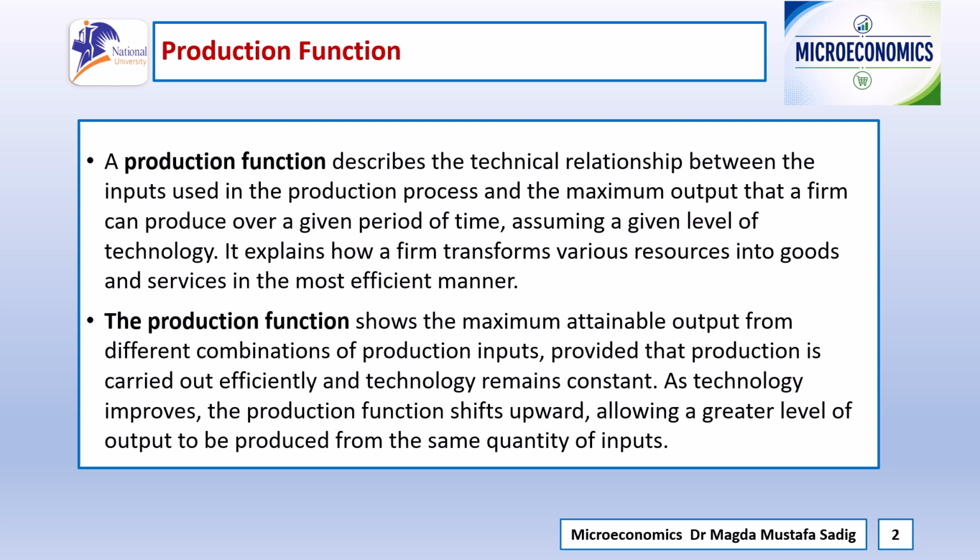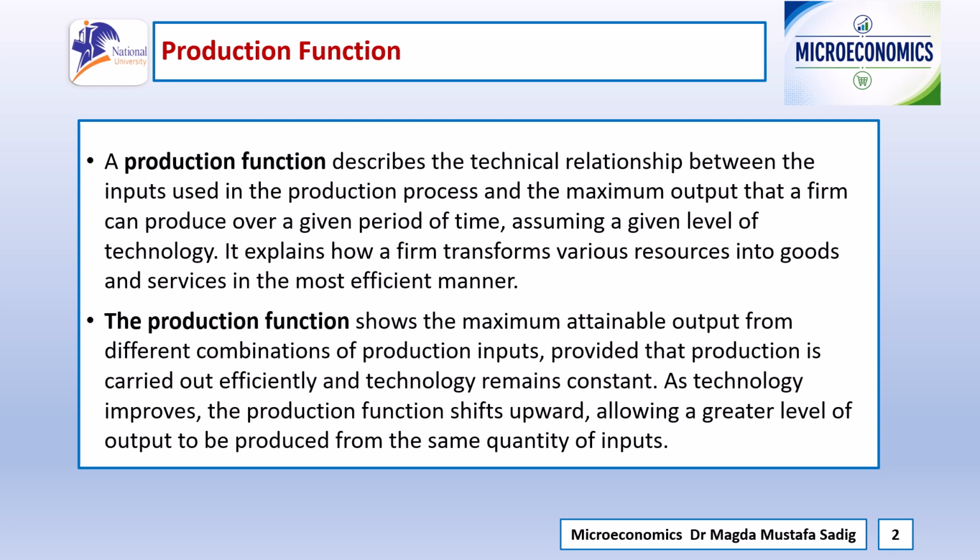In simple words, it tells us how much output a firm can produce using different quantities of inputs. The production function always represents the maximum possible output, assuming that resources are used efficiently. Technology remains unchanged, and production follows the best available methods.